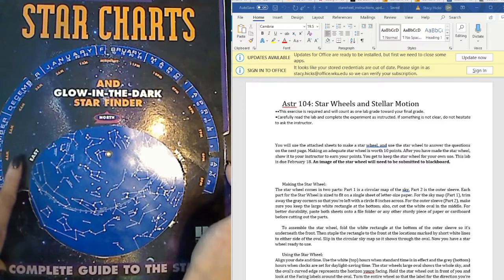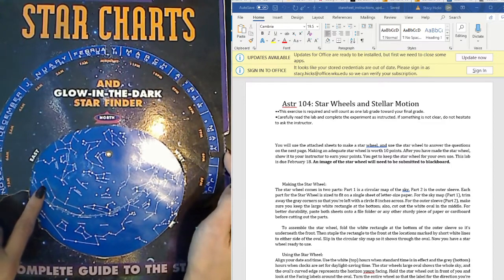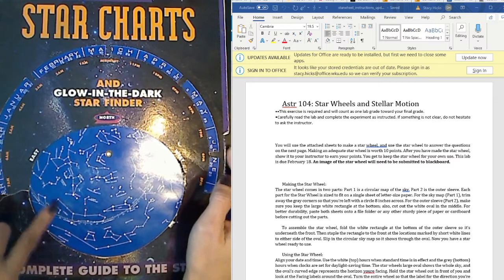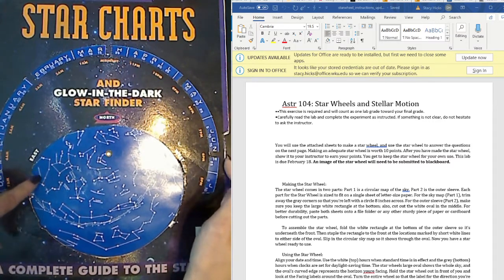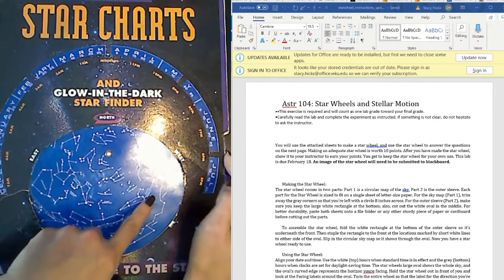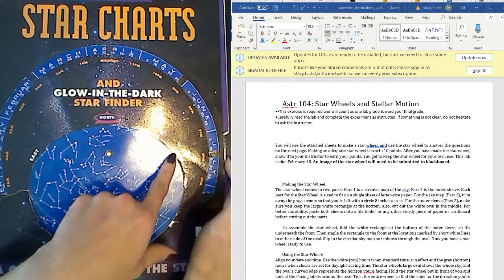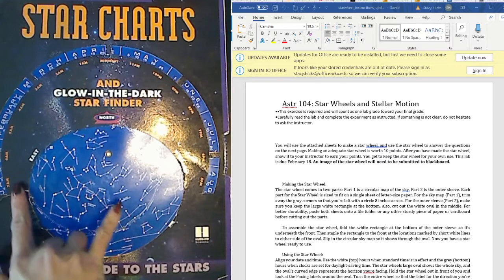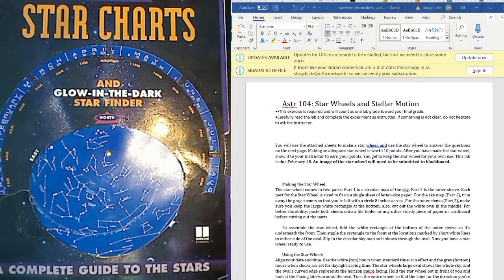Notice the motion of the constellations as we go through the night. We have stars that are rising in the east and setting in the west. You might notice that these directions are backwards to what you would see on a map. That's because we're looking up.